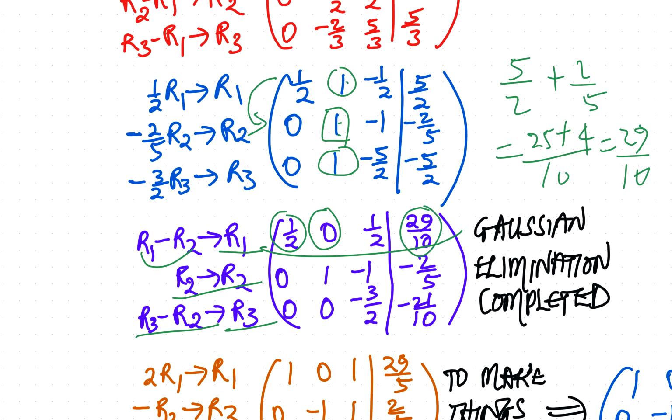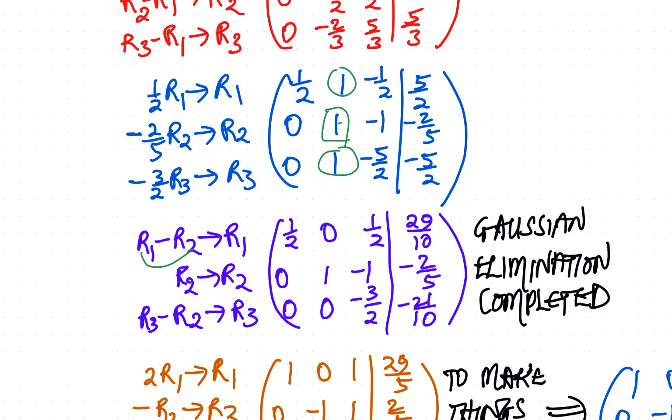Okay, so row 2 is row 2. So no worries. Because row 2 is row 2 now, we just bring this row 2 exactly the way it is. We fix it there. Then row 3 needs some work because this has to be 0. So we say the old row 3 minus the old row 2.